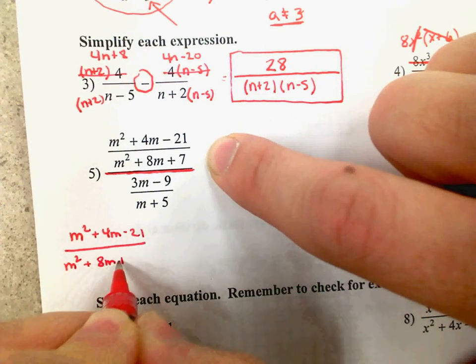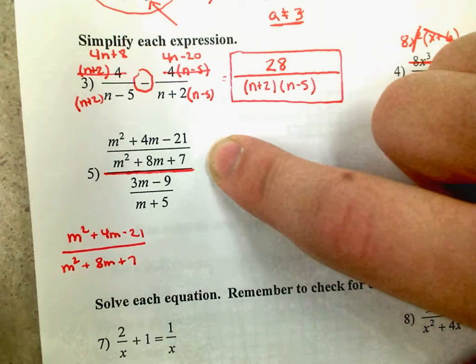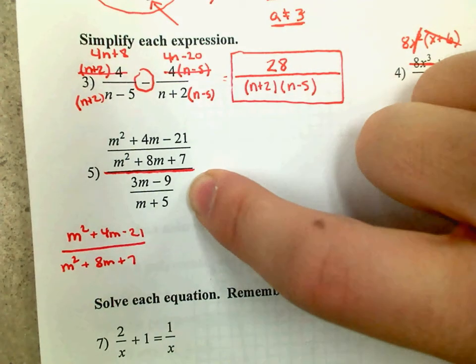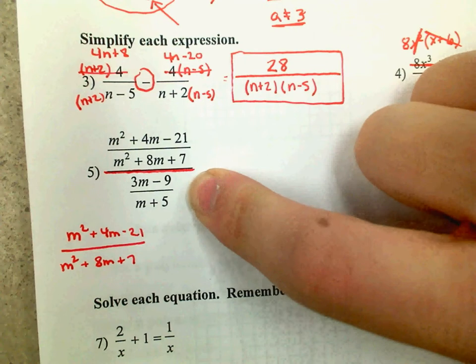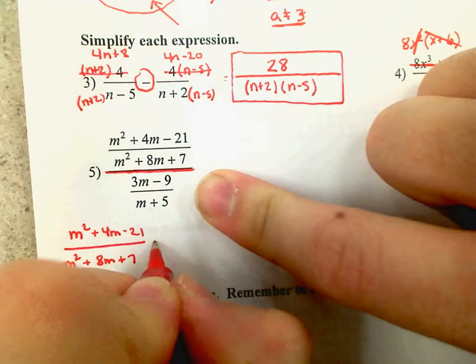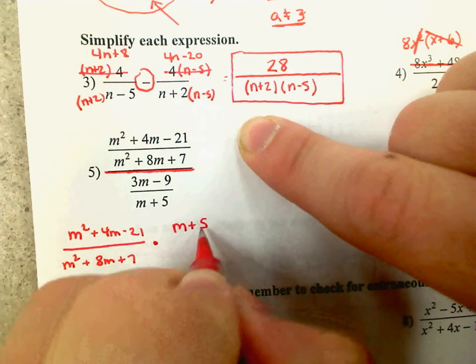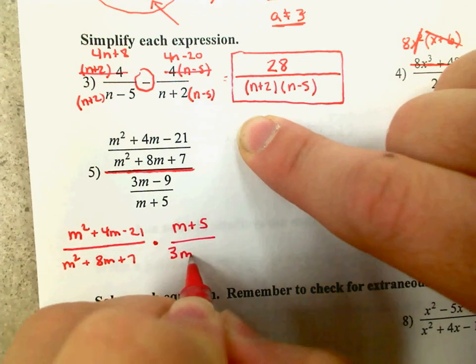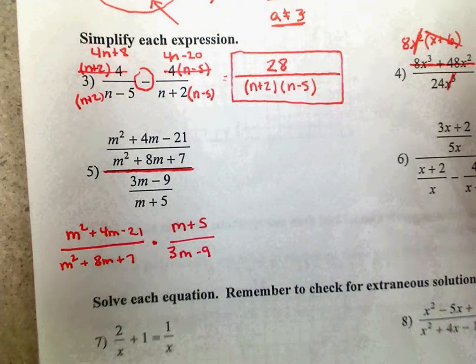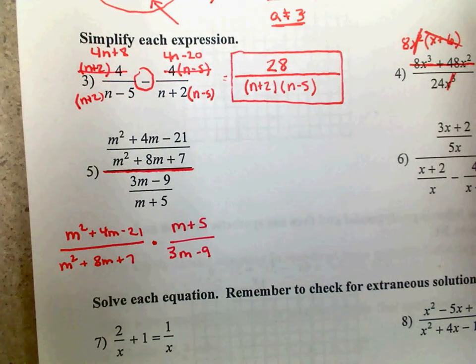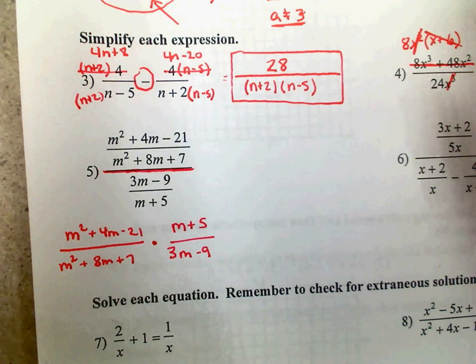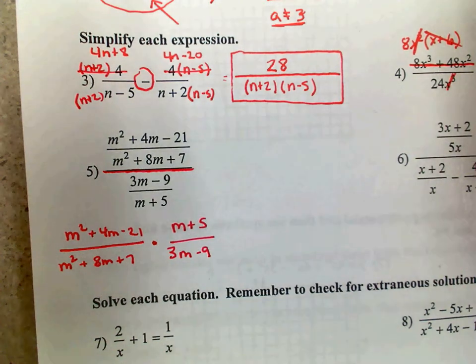And then for the second fraction, because I don't want to actually divide, I want to multiply by the reciprocal, I'm going to put a multiplication sign and flip the second fraction around. M plus 5 moves to the top of the fraction, 3m minus 9 moves to the bottom. Now that 5 looks just like 4, the process is no different.